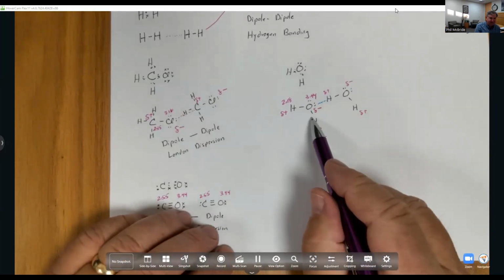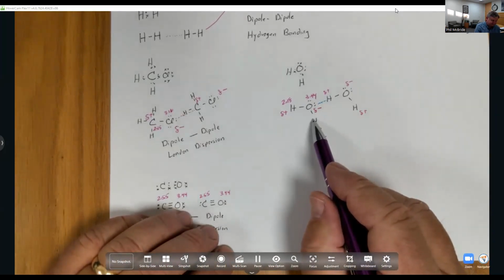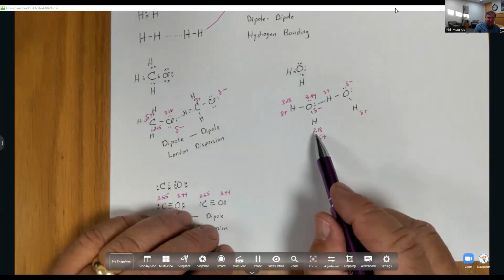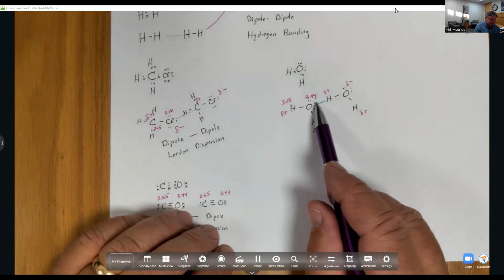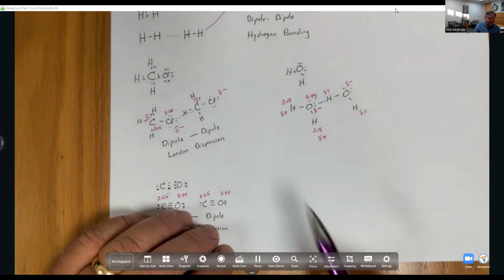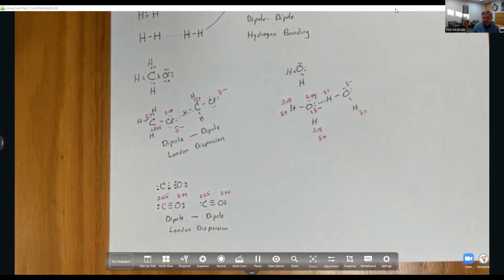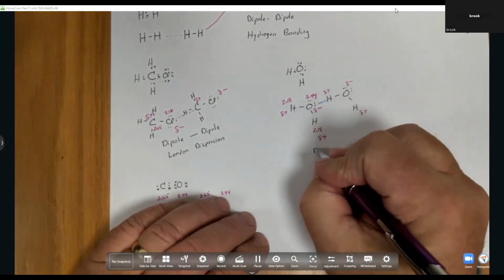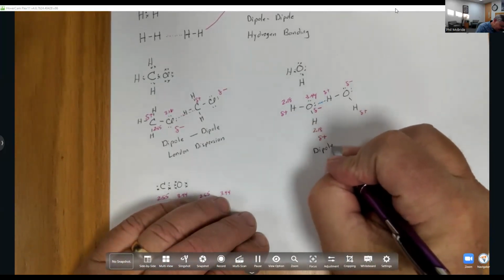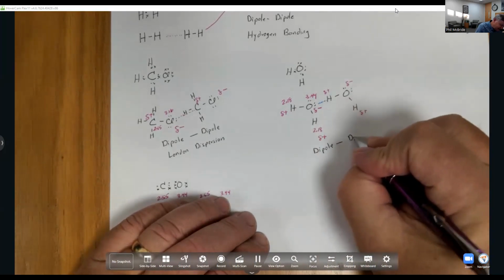Does this one have a dipole? Is there a difference greater than 0.4 between oxygen and hydrogen? Yes. So this one has a dipole, which means this one also has a dipole.